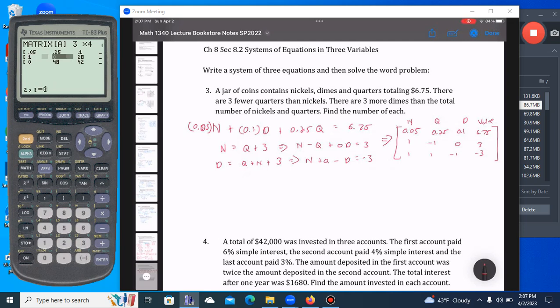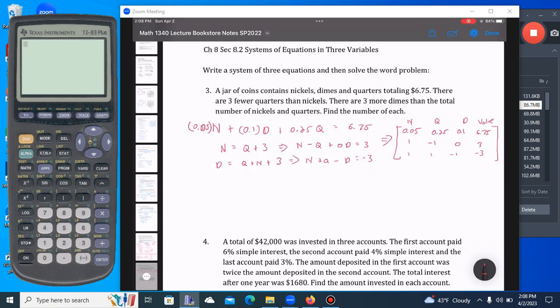And 1, -1, 0, 3, and then 1, 1, -1, -3. So let me double check. 1, 0, -1, 0.25, -1, 1, 0.05, 1, 1. Okay.